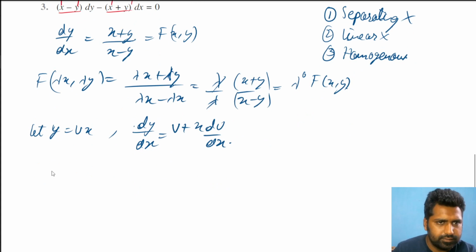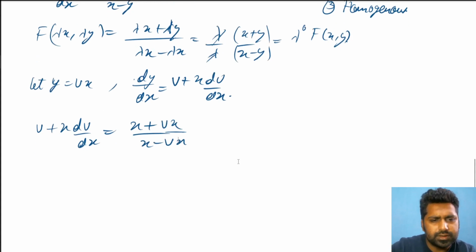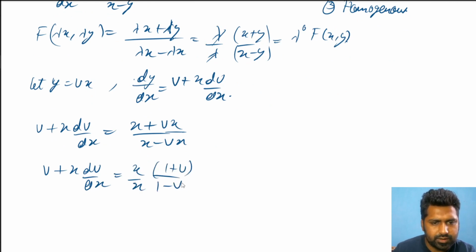Now let's solve. Replace this dy by dx with v plus x dv by dx. Then this is x plus y, x minus y, so x plus vx upon x minus vx. I told you whenever this substitution happens, the right side becomes only a function of v. So v plus x dv by dx, if you take x common, 1 plus v upon 1 minus v.